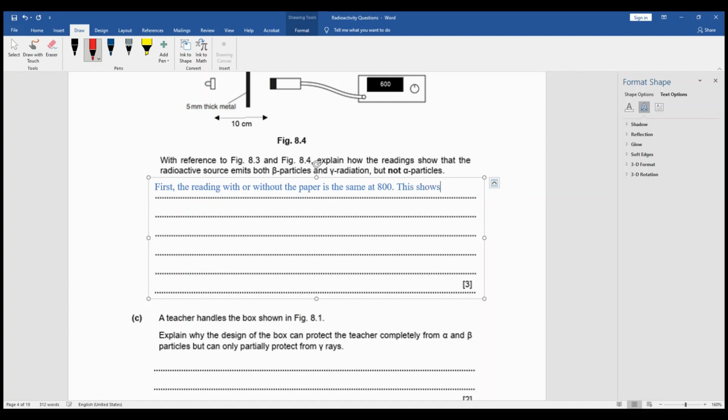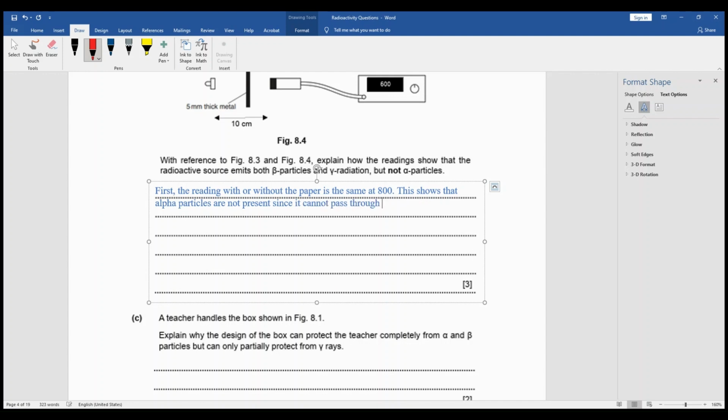This shows that alpha particles are not present. Okay, since it cannot pass through paper, if it's present, it should have been reduced. Okay, since there's no reduction, it means there's no alpha at all.